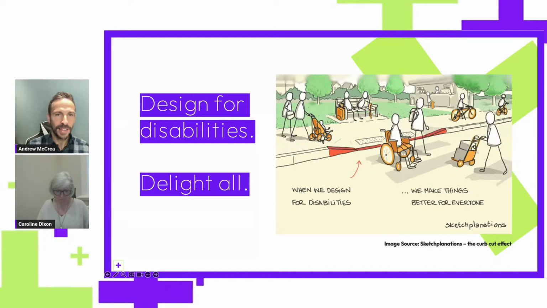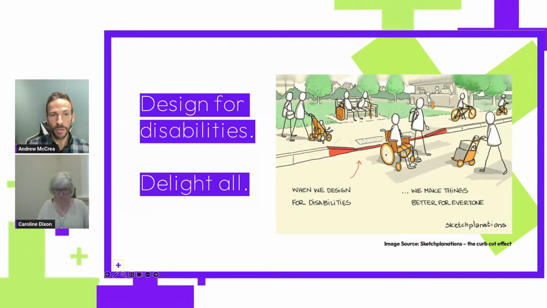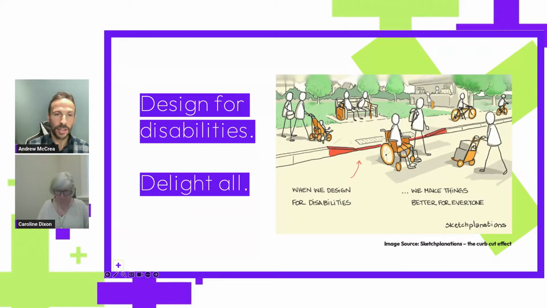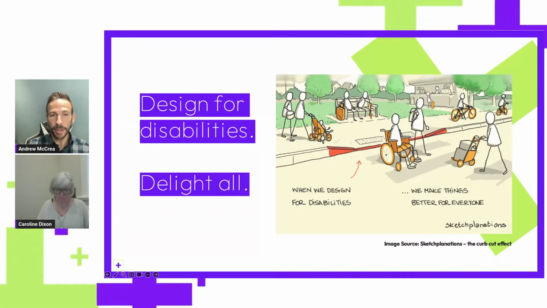Imagine the lack of ability to get things done efficiently. Maybe these are no doubt reducing injuries as well. So this idea that the curb cut is affecting everyone day to day is a good metaphor for things that are designed and everyone benefits, even though the original design was for disability.